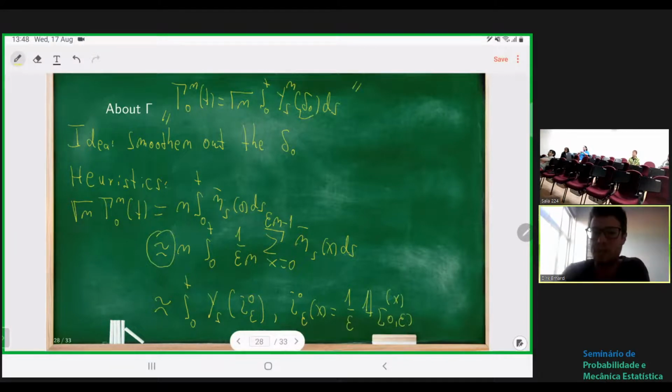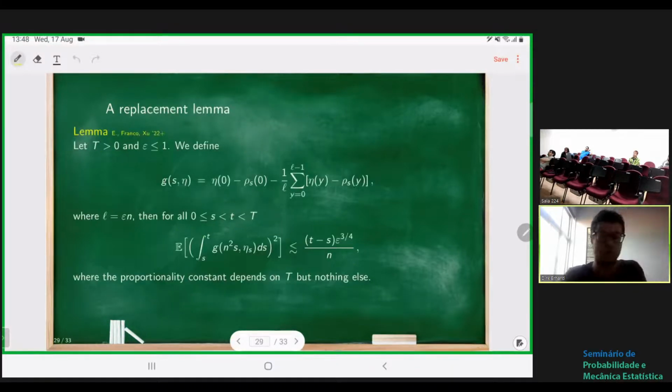Once you have this, then you're in a pretty good shape. What you need to show is that you really can smoothen out the delta 0. This is the content of a replacement lemma, which of course already exists in the equilibrium case, and which turns out to be true also out of equilibrium. The way to formulate it is you fix yourself some kind of time window, some epsilon.